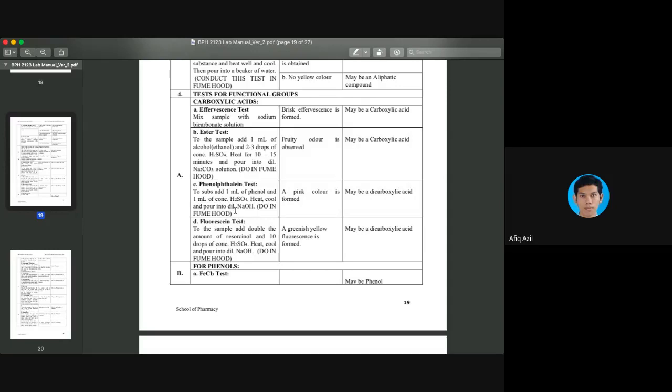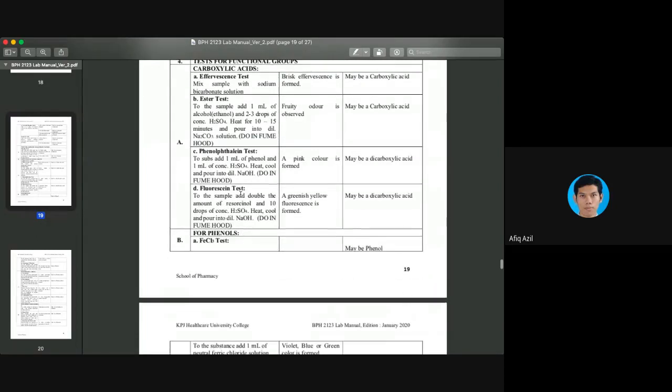So this one also should be done in the fume hood, as it involves concentrated sulfuric acid. Okay, so the observation should be that a pink color will be formed. So it could be a dicarboxylic acid, and then another one is the fluorescein test.